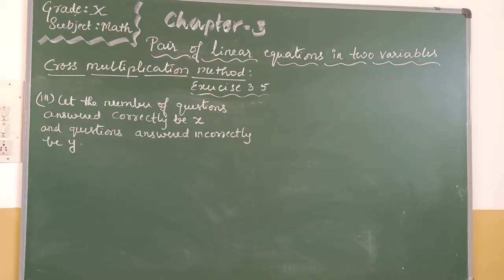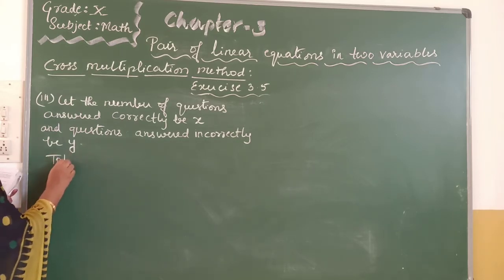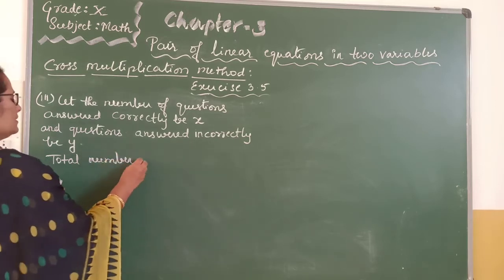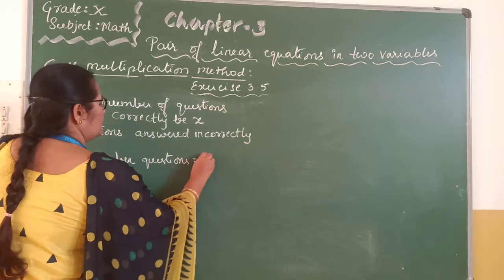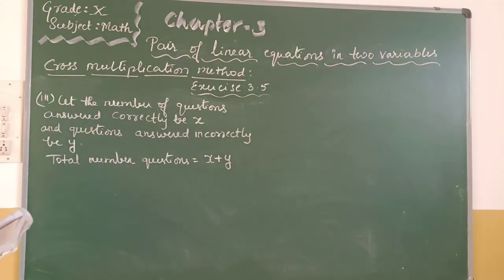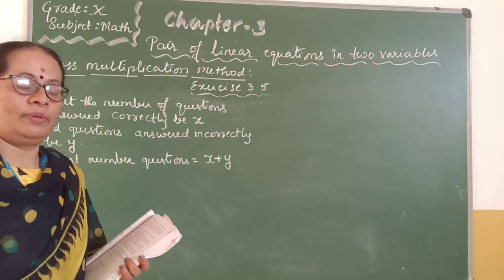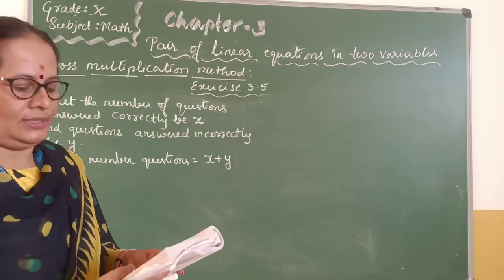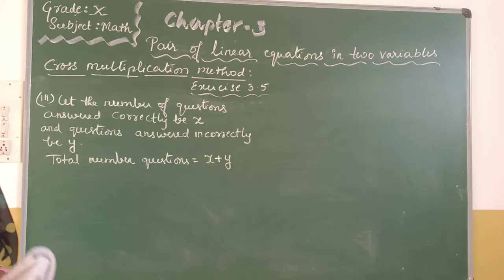So the total number of questions is x plus y. This you have to find out. Before finding this, you have to find how many questions he answered correctly and how many incorrectly. That we have to calculate first.